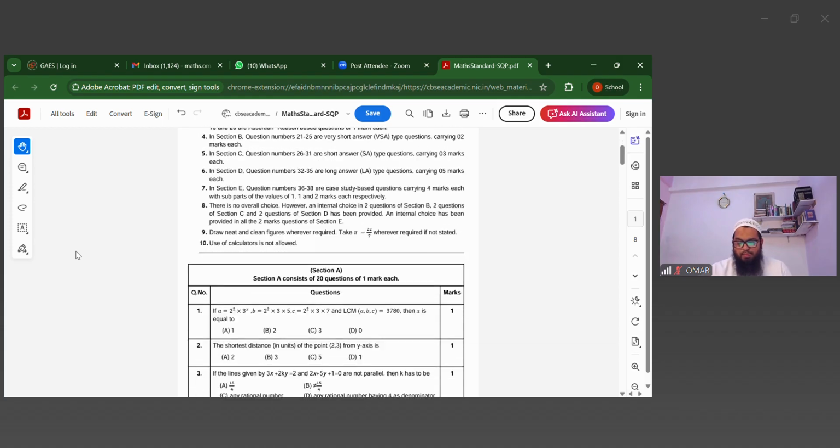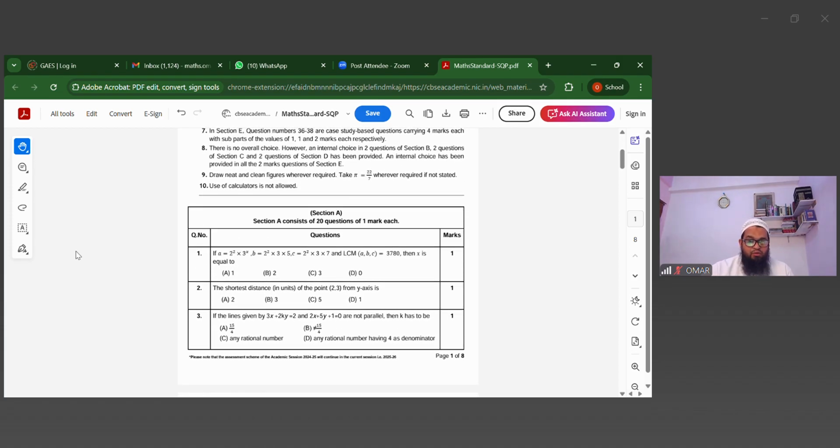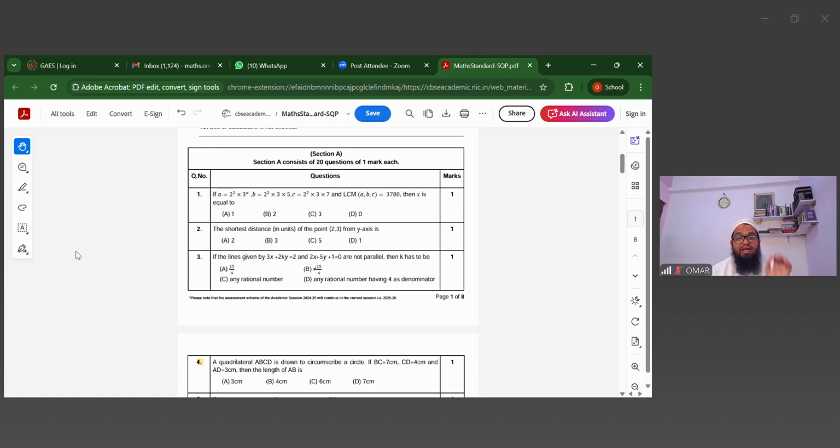Let me explain, my dear students. In the MCQ questions, we have done all the chapters except some of them. Circles we have not done. Areas related to circles we have not done, and after that we have not done surface areas and volumes, statistics, and probability. Is it right? Only these five chapters are left out.